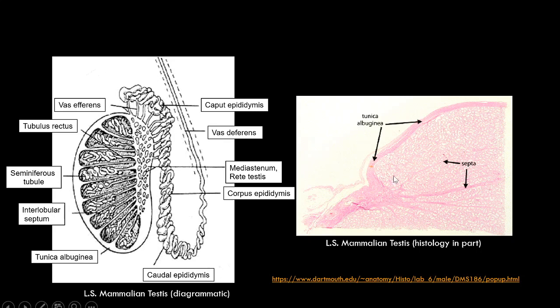Here you can see the histology in the section of longitudinal section of the mammalian testis. This is the parietal peritoneum, this is the tunica albuginea, these are the septa that divide the testes, and these coiled structures are the seminiferous tubules.